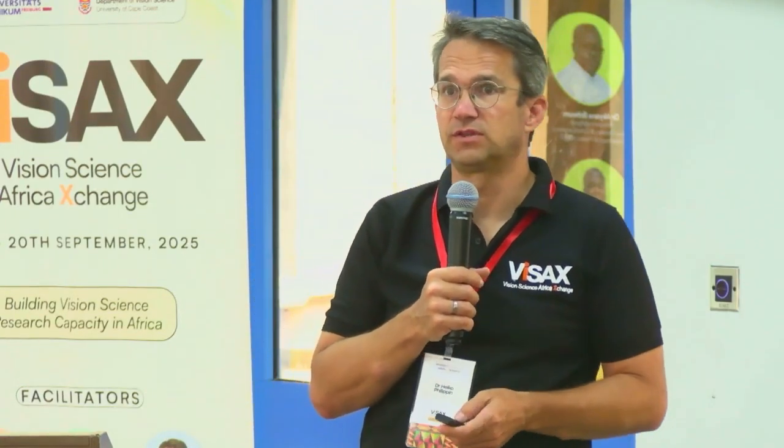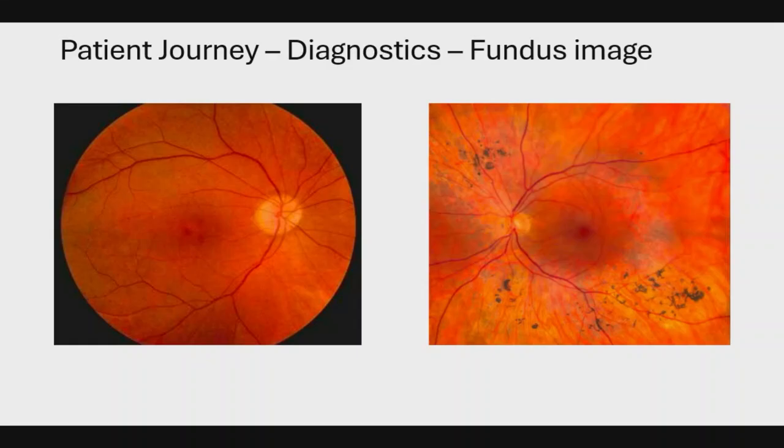Oops, okay, the other direction. So if you look at the fundus on the left, this is not the same patient. This is just for didactic purposes. I took 2 images.